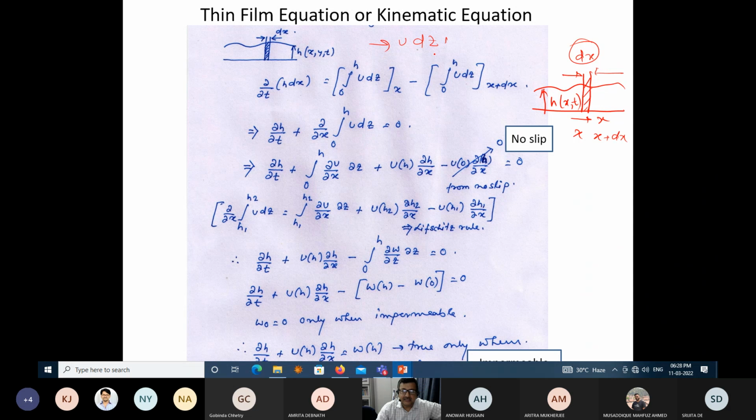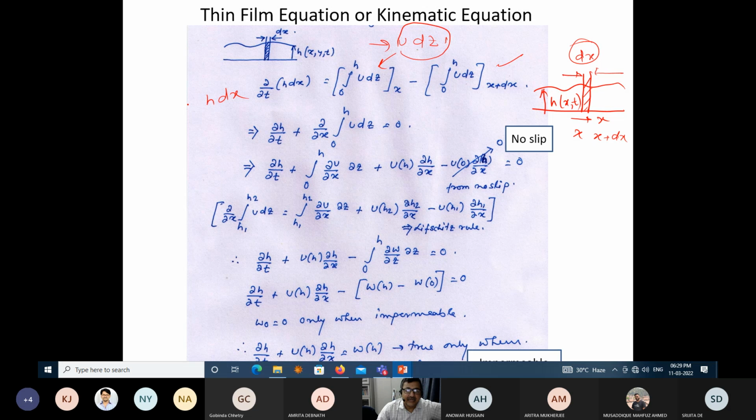So this is the amount of mass that has come in through x per unit time, integrating u dz over 0 to h. And the same is whatever is going out. This is my mass that is going out. Now what is the change here? The change is h into dx, right? This is the height and this is the x.